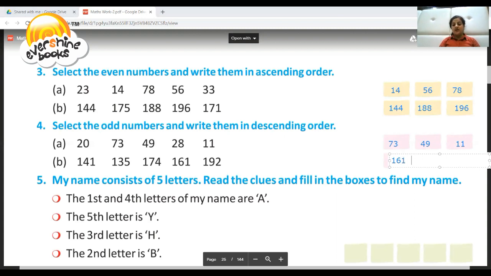So it is bigger. 161. After that, 141. It is odd number and bigger than 135. It is also an odd number and it is the smallest number. So we have done ascending order, descending order with odd numbers and even numbers.